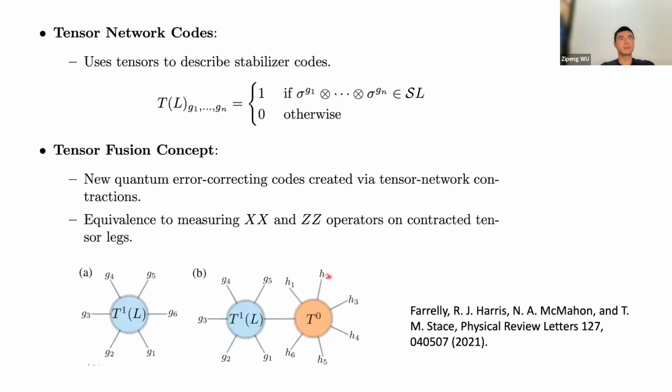So the tensor network stabilizer codes use a tensor network to represent the stabilizer. You can imagine the tensor T_L as either a rank n tensor or a rank n+1 tensor. The logical operation L is another degree of freedom. If an operator is in the stabilizer group, the corresponding entry of the tensor will be 1.